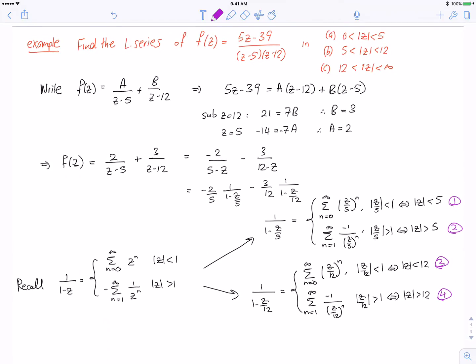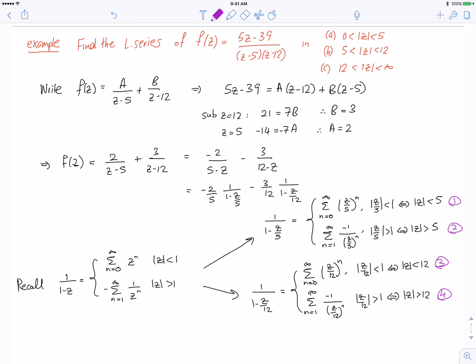If you have a look at part A in red, we want a series for f that converges when the modulus of z is less than 5, put it that way. Now, for the modulus of z to be less than 5, I can just combine series 1 and 3.